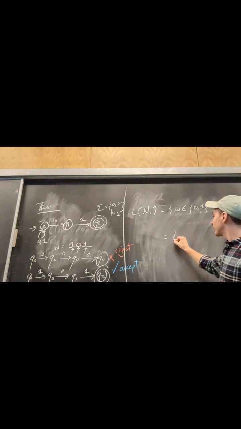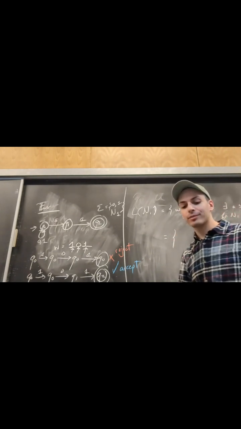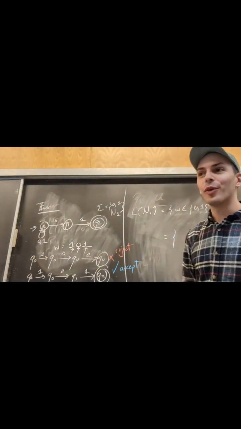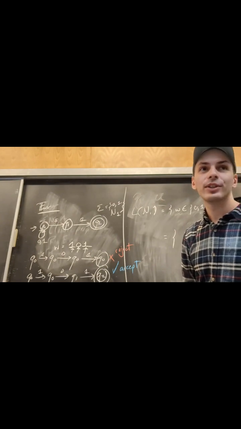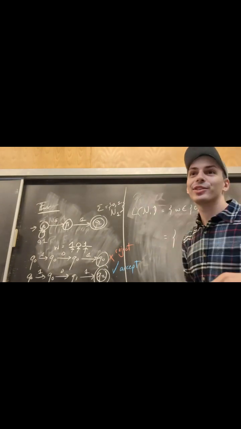So does anyone have an idea what that could be? Because you could start listing all of the strings, but that would take you a very long time because the list is infinite. So what do we think is happening? What is N1 accepting in terms of a language? Let me give you 30 seconds to think.